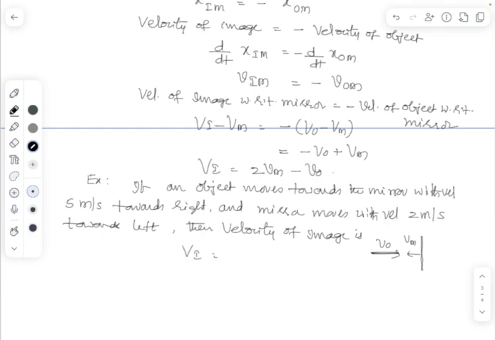Velocity of image = 2 × (-2) - 5 = -4 - 5 = -9 meter per second, or 9 meter per second towards left.